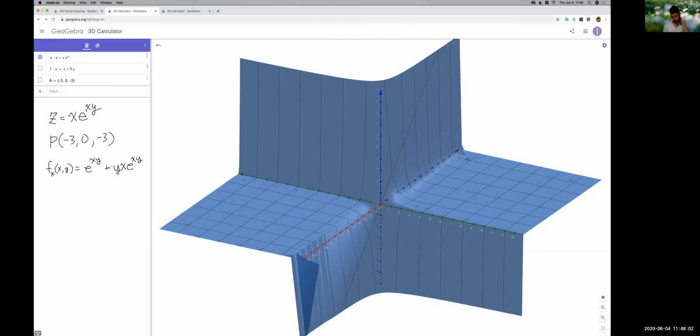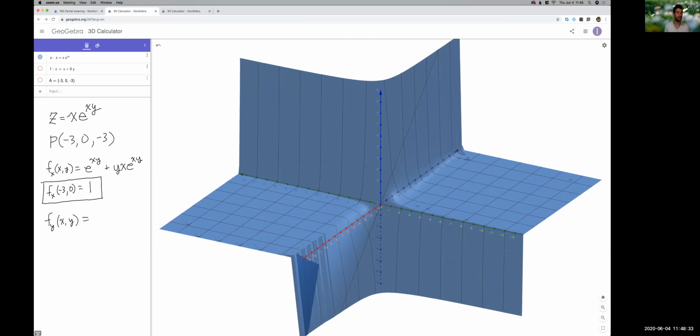So I get e to the xy plus yx e to the xy. Let's evaluate it at the inputs -3, 0. Putting in 0, e to the xy becomes e to the 0, which gives me a 1. And then I've got a 0 right out in front of this thing, so the whole second part just disappears. So there's my x derivative.